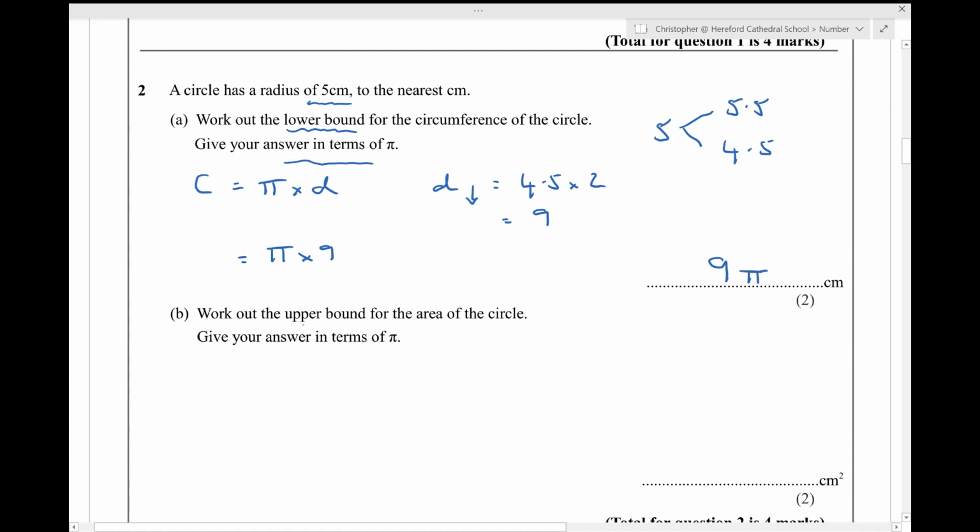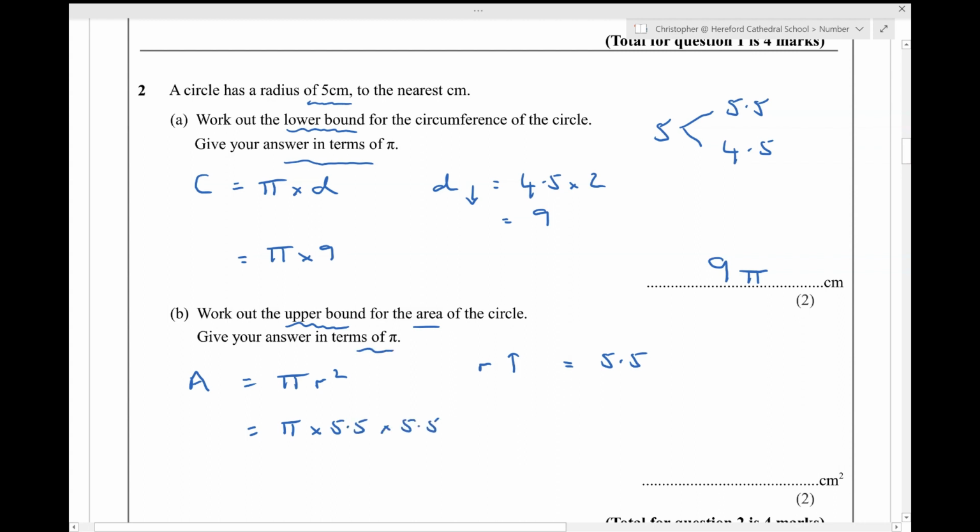Work out the upper bound for the area of the circle. Well, if I'm going to work out the upper bound of the area, remember area is pi r squared, then I'm going to use the highest possible radius. So the highest possible radius is 5.5, that's the upper bound. So I'm going to say that my area is pi times 5.5 times 5.5.